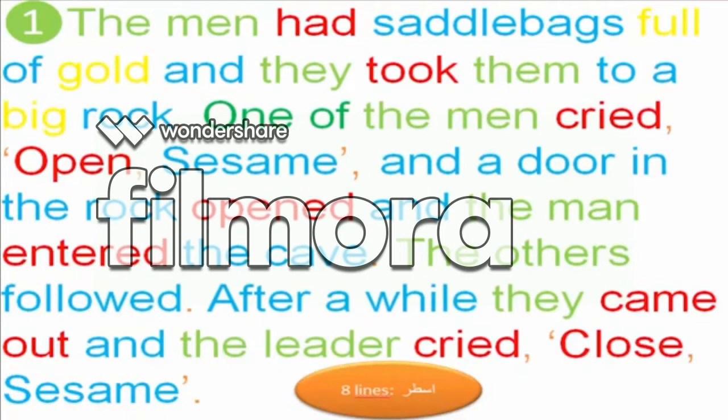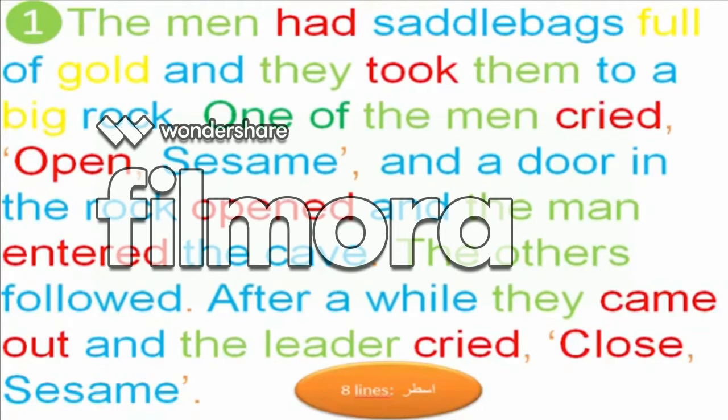Now we are going to move to summarize it. Okay? Let us see how we do that. To summarize it, look at the first line. The men had saddlebags full of gold and they took them. أخذوا ماذا؟ أخذوا saddlebags السروج.